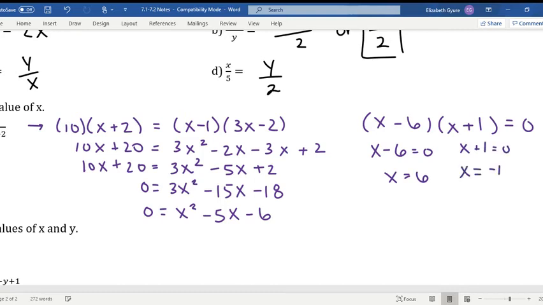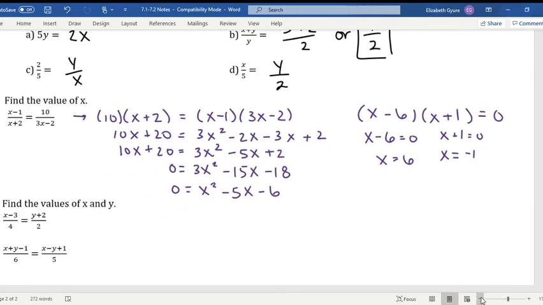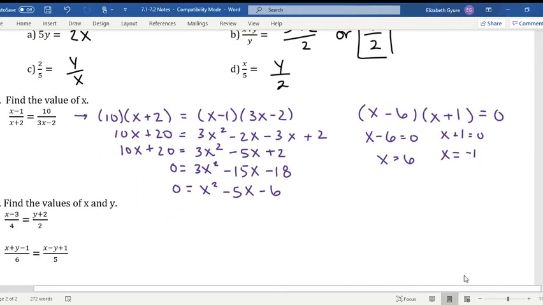Now with this one, I'm not dealing with measurements. However, it's still good to make sure that your numbers make sense, because is there a type of number that I'm not allowed to divide by? Yeah, I'm not allowed to divide by 0.